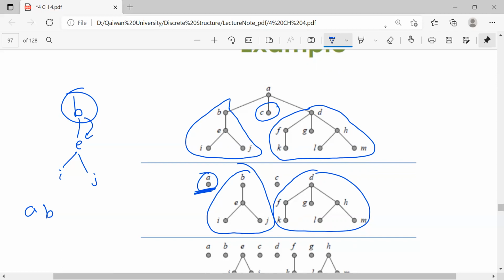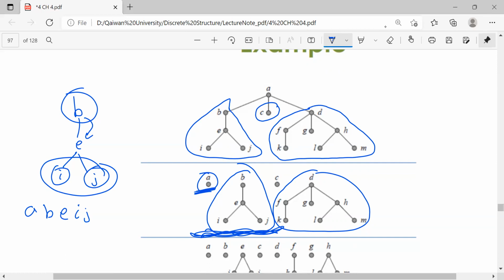Then we have E. And then for these two trees, we write down I first, then J. As I said, we write down from left subtree, then right subtree. It's I, J. So this subtree becomes B, E, I, J.